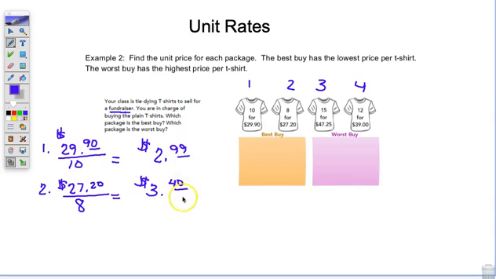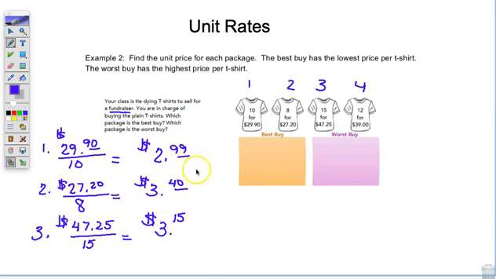So far it looks like choice number 1 is the better buy, but we still have 2 other choices to actually calculate. In choice 3, we can get 15 t-shirts for $47.25. So once again, I'm going to take the total amount that the package costs, and I'm going to divide it by how many t-shirts are in the package, which is 15. In this particular package, I get an amount of $3.15 for each t-shirt.